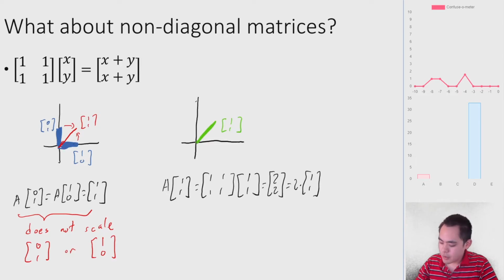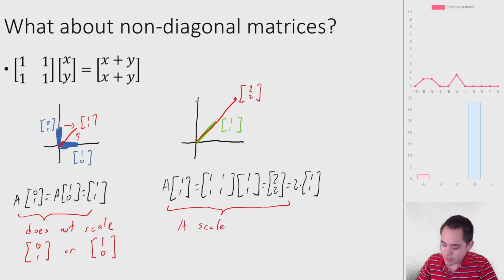So what you're doing is you're scaling this by a factor of 2. So that's going to end up giving you the point 2, 2. So A scales the vector 1, 1 by a factor of 2.